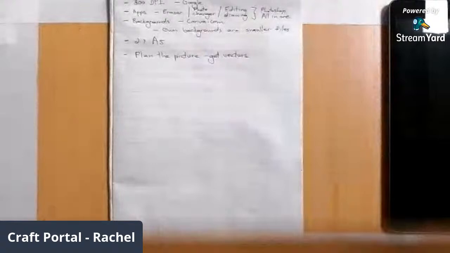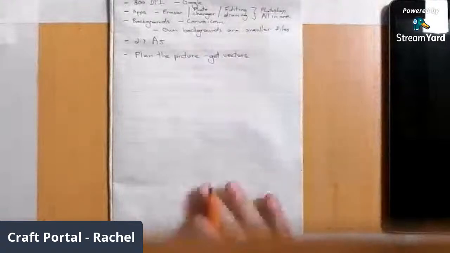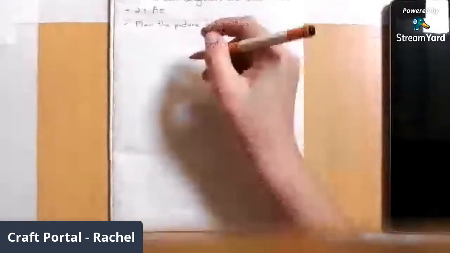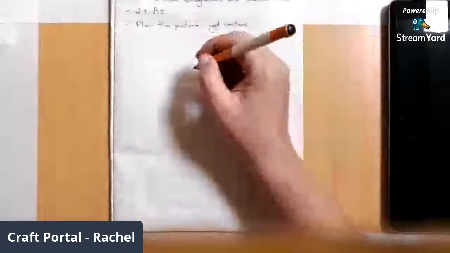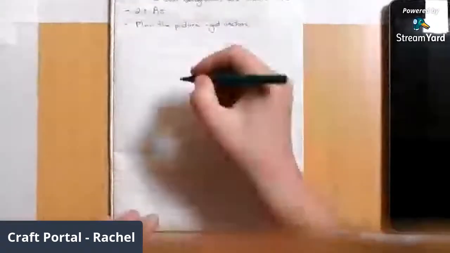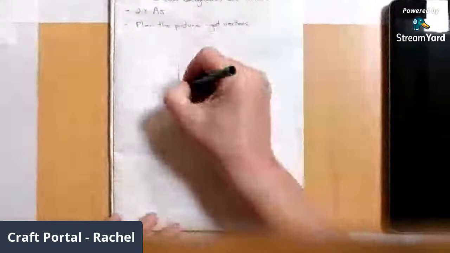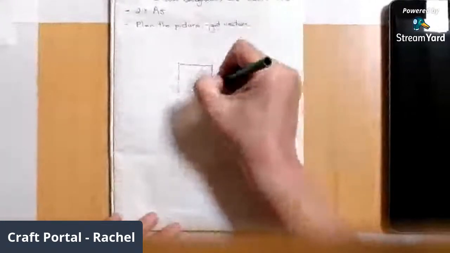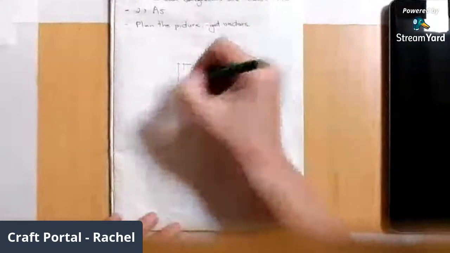Okay, the first question is: what is DPI? DPI stands for dots per inch. If you have a little square, now I think I'm going to take the bigger pen. If you have a square, and let's assume that is an inch square.